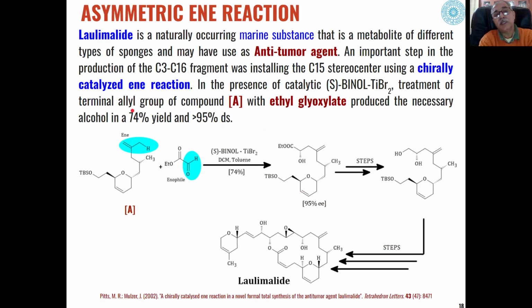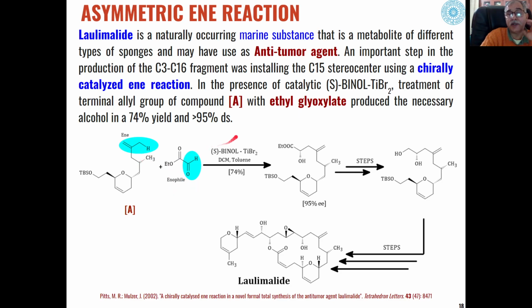Then ene reaction can also be used for the synthesis of natural products like laulimalide, which is used as an anti-tumor agent. Here, one of the steps which is used for the formation of this anti-tumor agent is Alder-ene reaction.